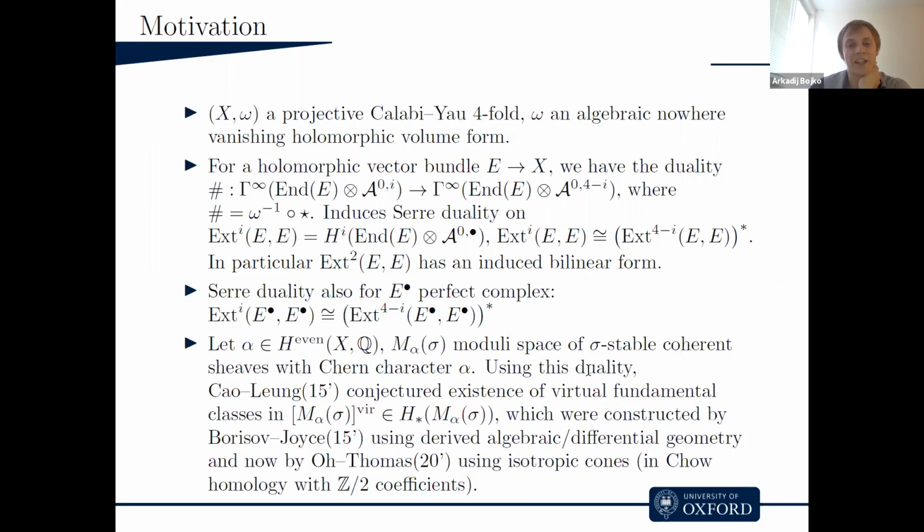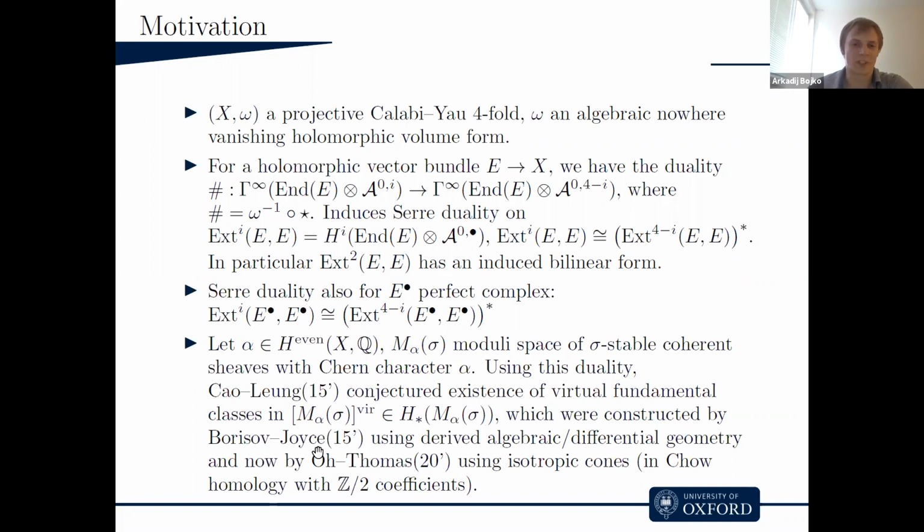For that, Cao conjectured in 2015 the existence of some virtual fundamental class which relied exactly on this existence of duality. It was then constructed later by Borisov-Joyce using some very technical derived algebraic and derived differential geometric arguments.